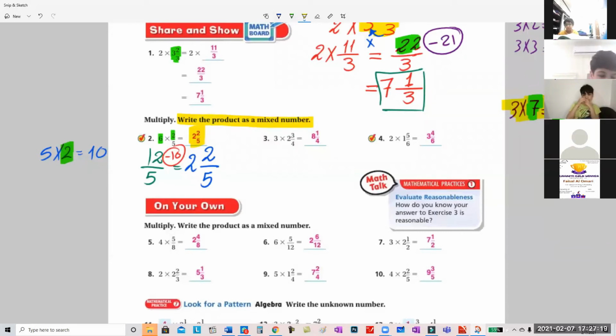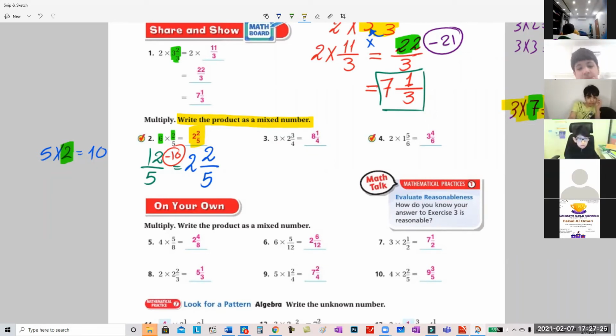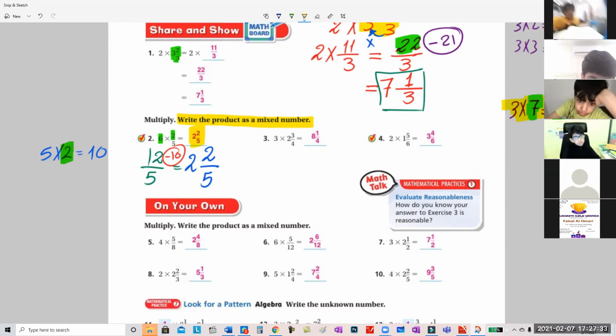Okay, what about Rakan? I think Rakan is not here. So Yazan. Yes, I'm here. Number 3: 3 multiplied by 2 and 3 over 4.